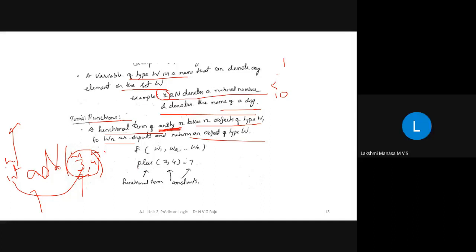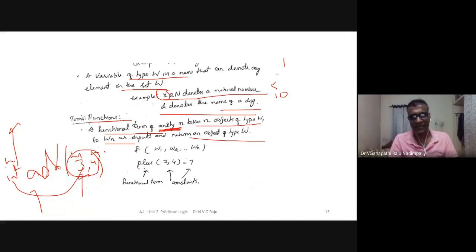Usually in a function, it is not necessary that if we take W, we return W. Generally speaking, if my input arguments are integers, mostly my return type will be integer. If I take float, my return type will be float.